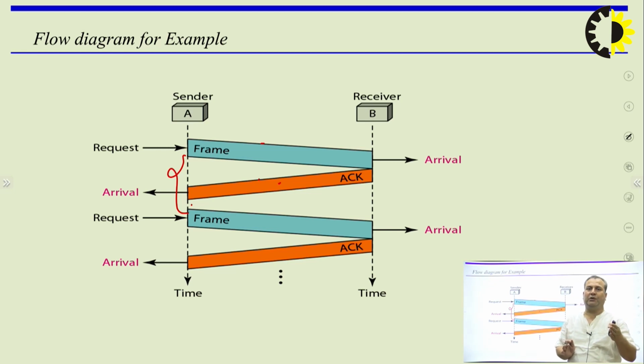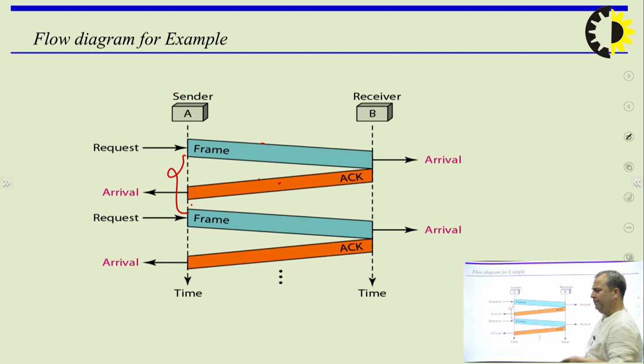The sender has to stop, the sender has to wait, until the ACK of the previous frame is received. So of course, if we use many frames, every time the sender would have a significant amount of waiting. So the channel efficiency or utilization will be quite low.